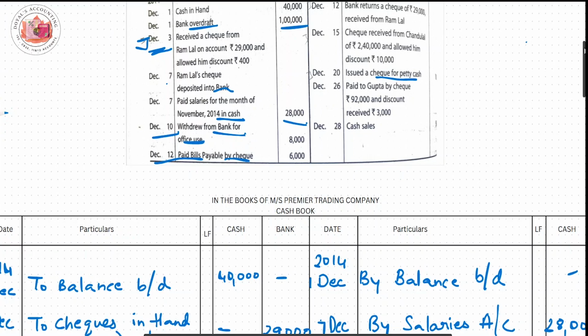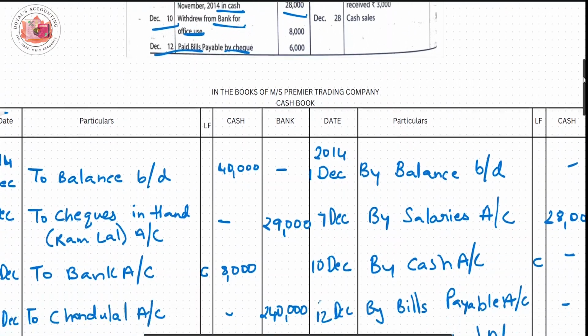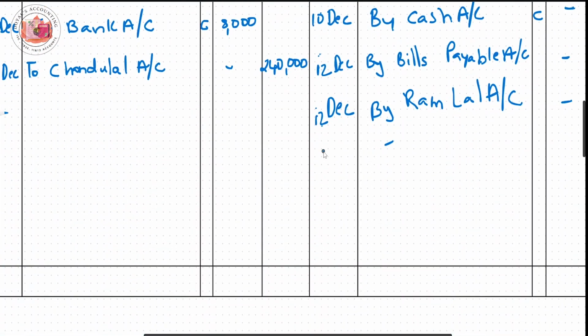So we will record this on the credit side of the bank book of the bank account. 20 December, by petty cash account, 1,000.